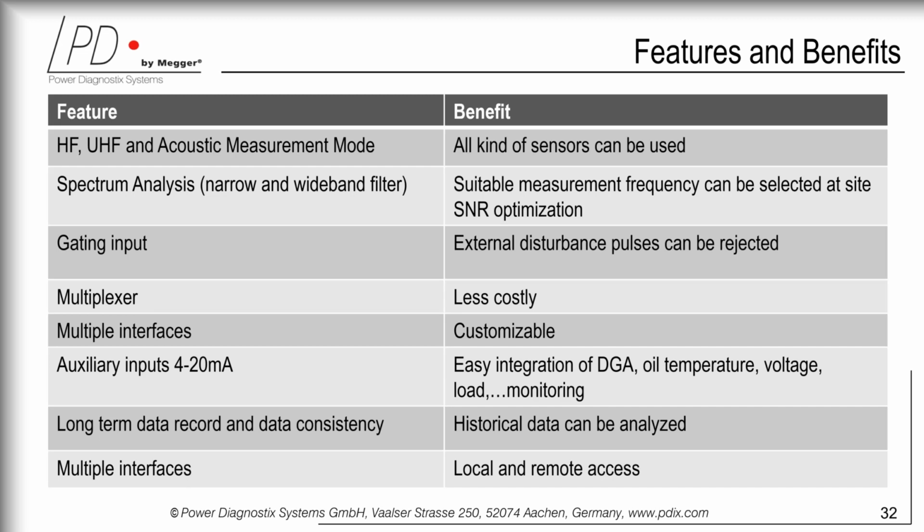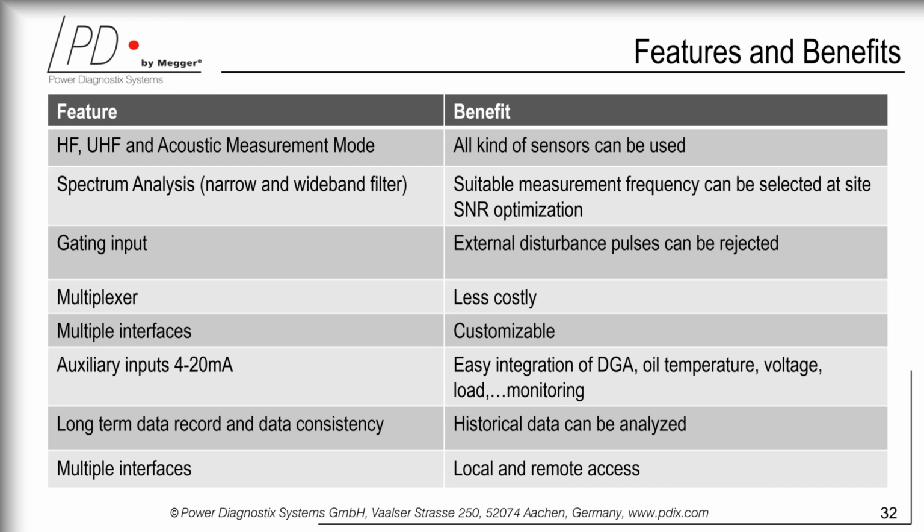The spectrum analysis has a suitable measuring frequency that can be selected at site via signal-to-noise ratio optimization. The gating input is used to reject external disturbances. You've seen that external antenna. This is a typical way of doing gating.